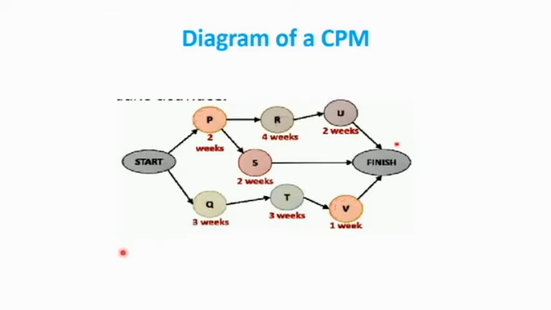On the left, we have the oval shape with the start, and on the right, the oval shape showing the finish of the project. The circles are called the nodes, which indicate the various tasks. They are labeled with letters. The arrows show the duration of the project.